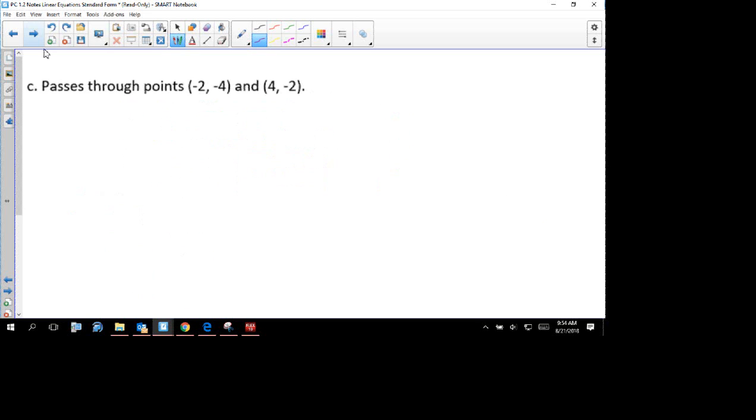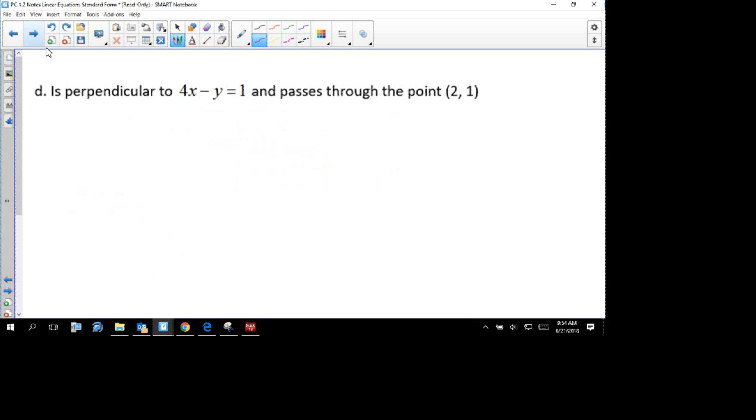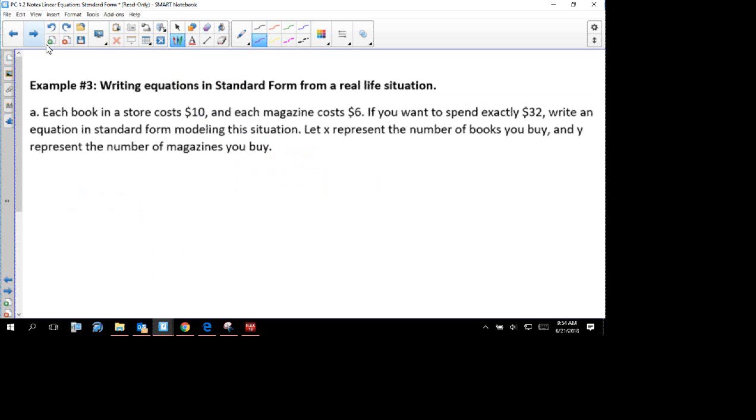Okay? I'm skipping the next two, because we did those in our homework already. I just want to go to example 3 here. This is a word problem. It's an actual real life problem, and we're going to write this answer in standard form. Each book in a store costs $10. Each magazine costs $6.